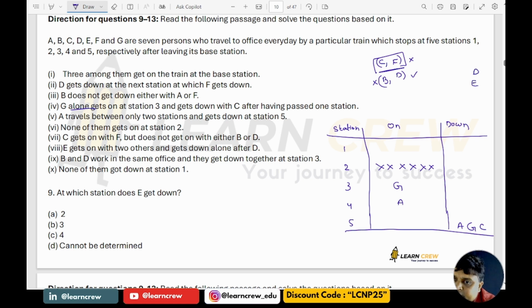Now B and D work in the same office and they get down together at station 3.